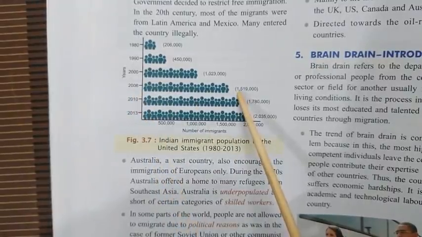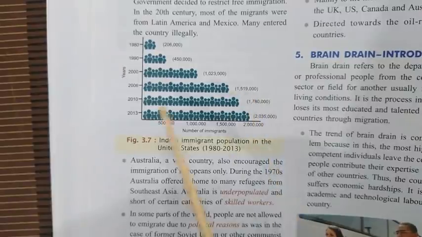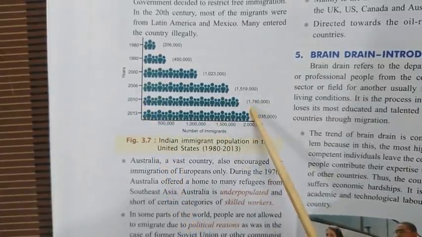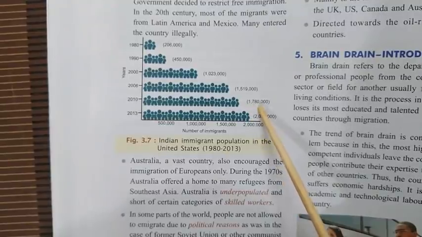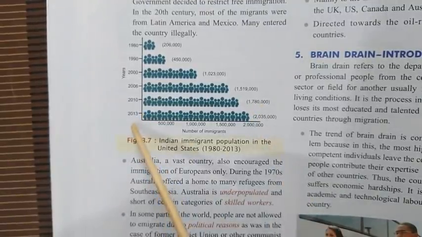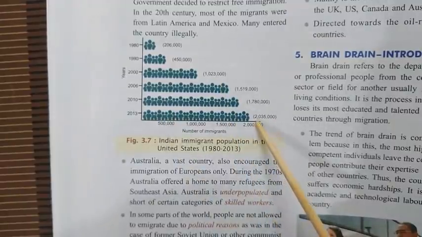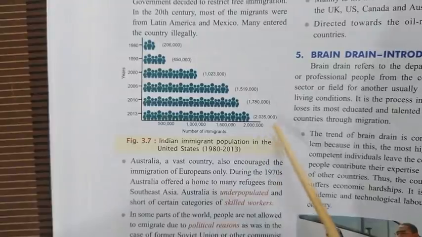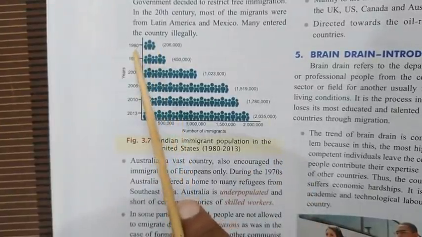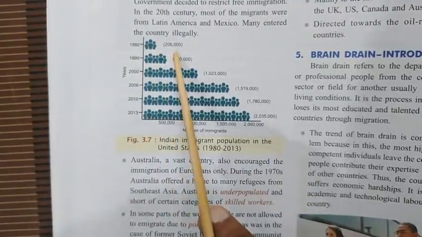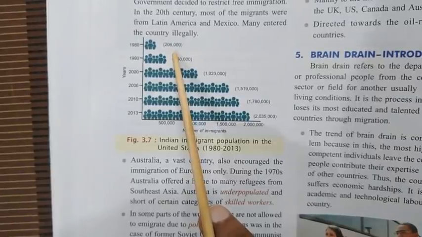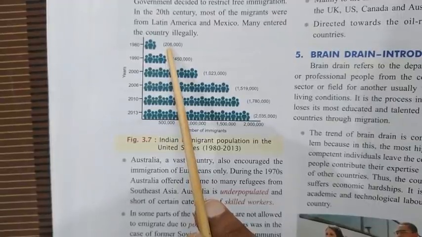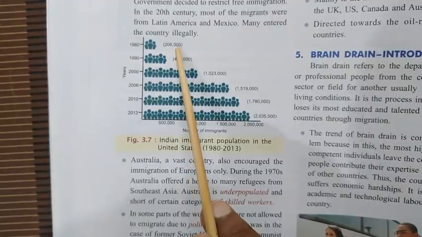Now 15,19,000. Just after 4 years, in 2010, what happened here? 17,80,000. And 2013, it reaches how much? 20,35,000. So if you see here, in 1980 the immigrants from just one country, India, were how much? 2,06,000 only.